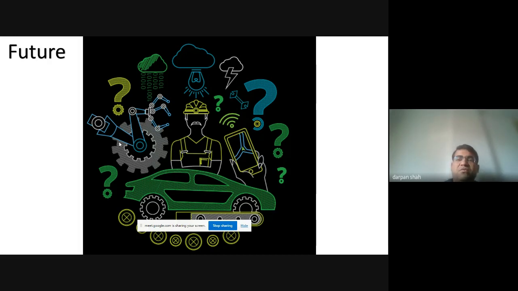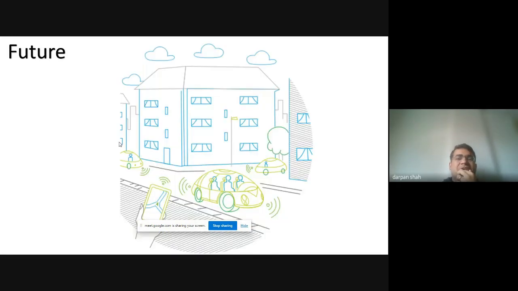And going forward, as we can see, there are a lot of uncertainties in the current market. From a technology point of view also, there will be autonomous driving cars, electric vehicles, everything. The world is trying to connect with each other.